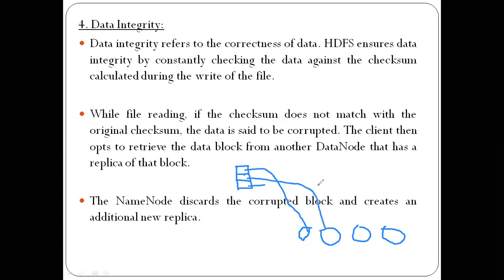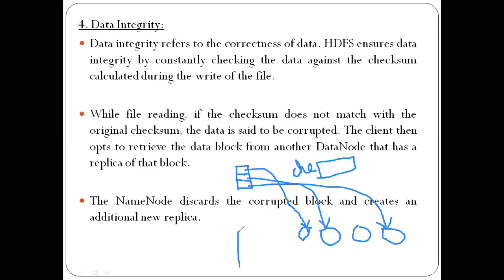During this write process, I said each data block is replicated thrice and stored in different data nodes, the replication concept. During this write process, it will generate a checksum. Okay, assume this is the checksum.